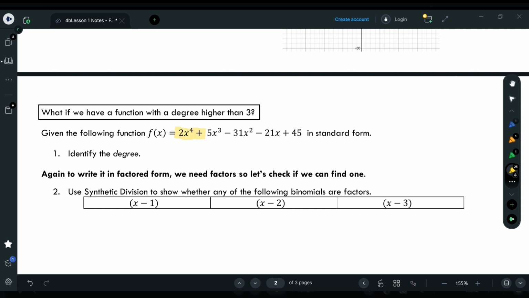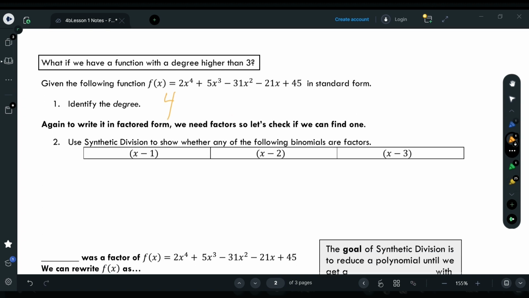Here we do. We've got a degree 4. So let's write that down. Degree 4. Use synthetic division to show whether any of the following binomials are factors. All right, let's check and see if we have a factor. We're going to do synthetic division and see if we get remainder 0.